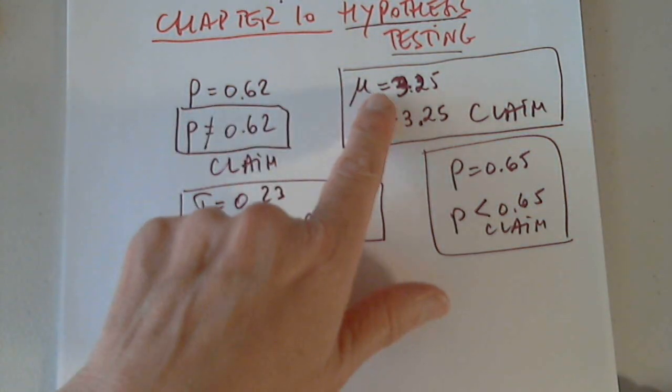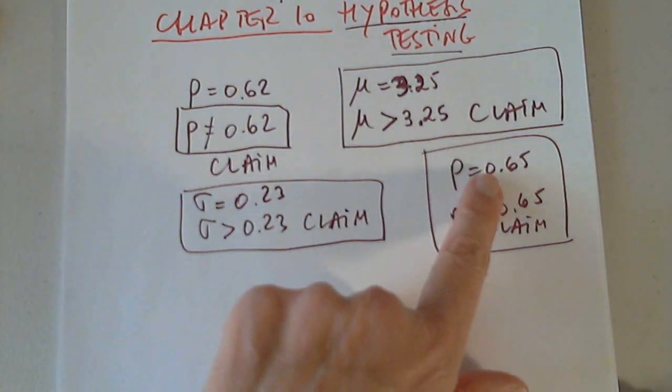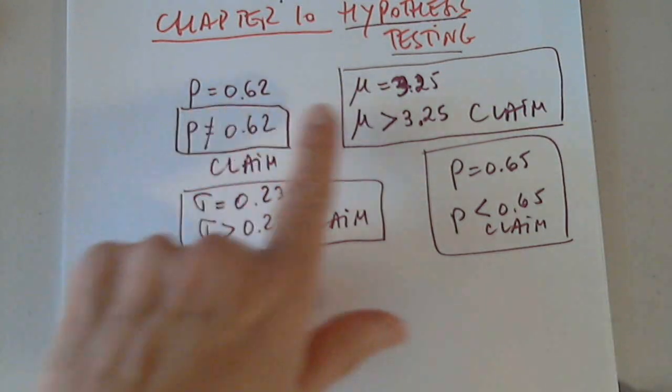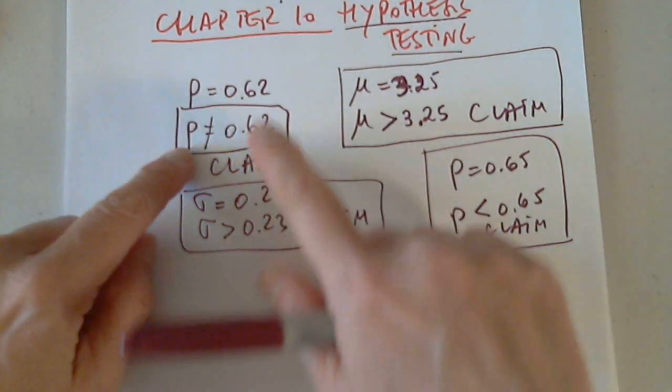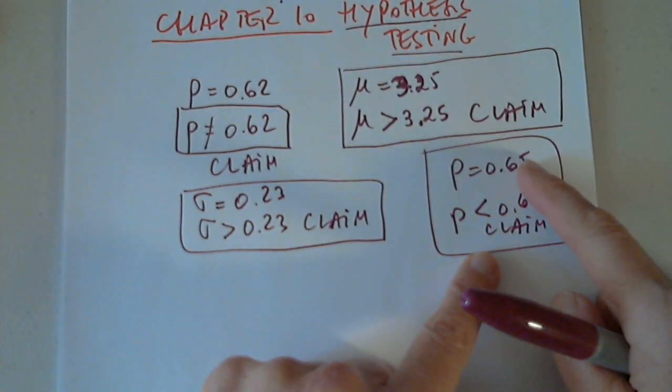But the initial, which is what comes from previous studies or what is well known, is always equal. The claim could be not equal to, greater than, or less than.